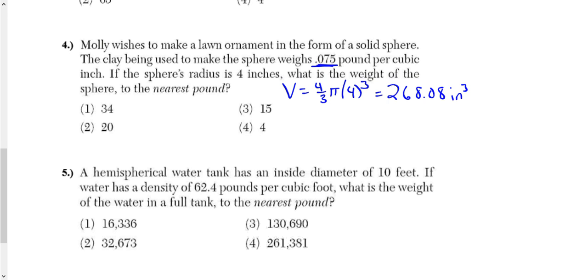Pound per cubic inch. So we're going to take 268.08 inches cubed and multiply it by what ratio? What over what? 0.075 pounds over 1 cubic inch.